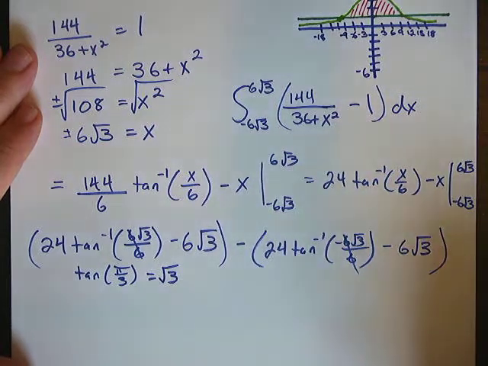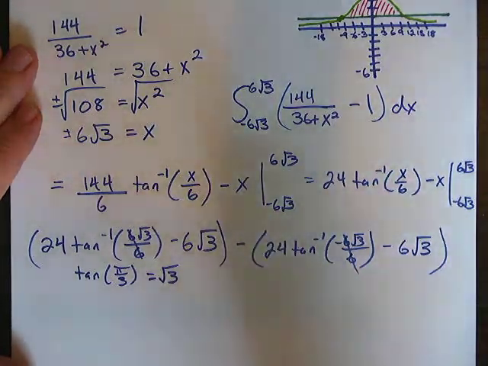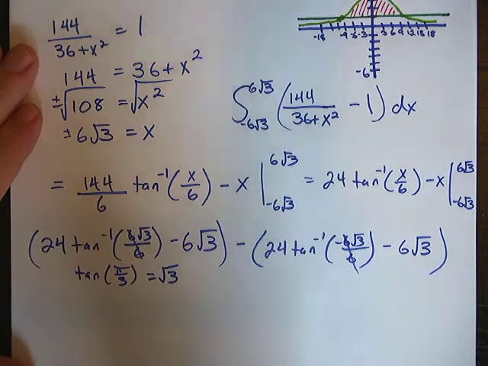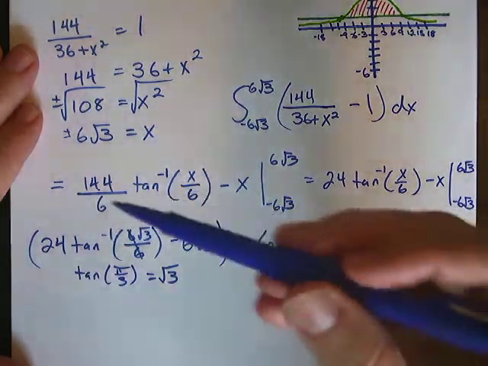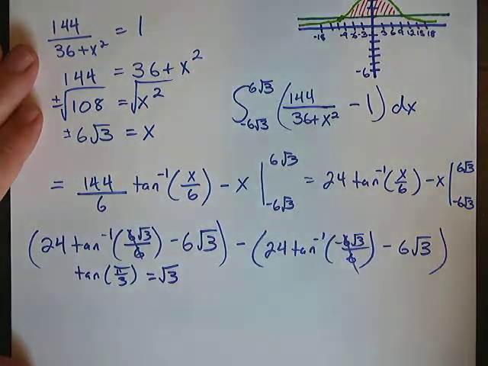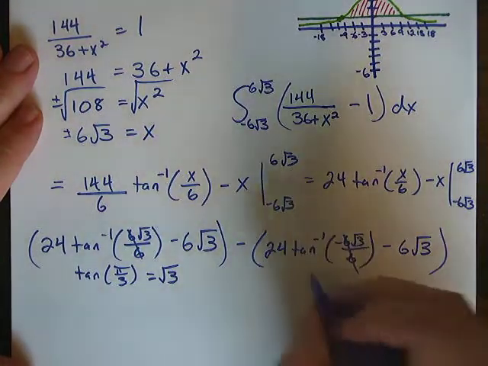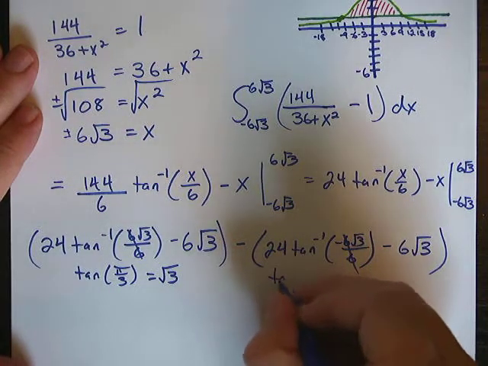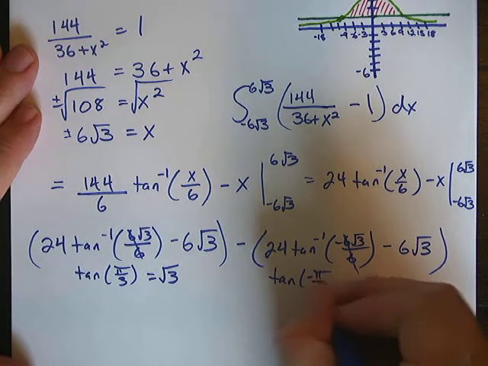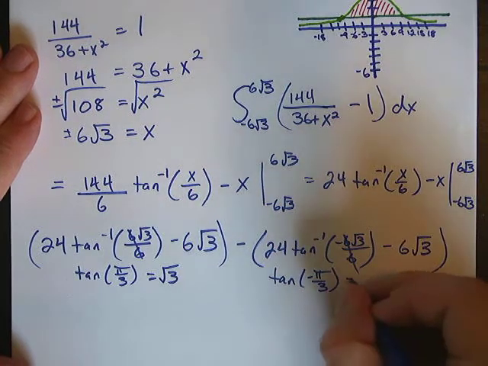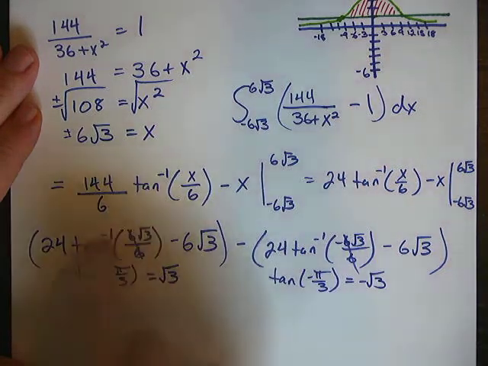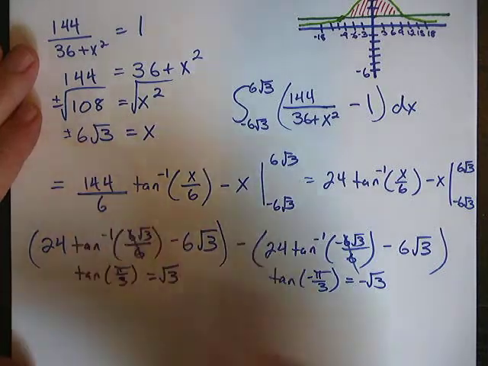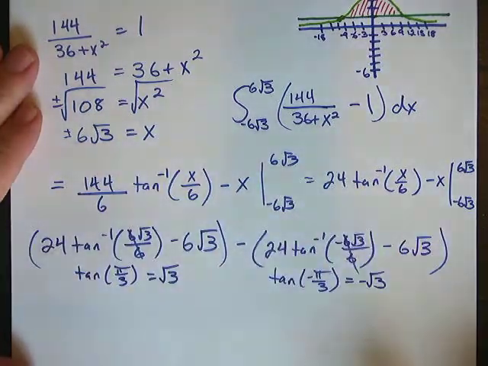Inverse tangent only exists from negative pi over 2 to positive pi over 2, so we go down into the fourth quadrant. Tangent of negative pi over 3 is equal to negative root 3. So these two answers are pi over 3 and negative pi over 3.